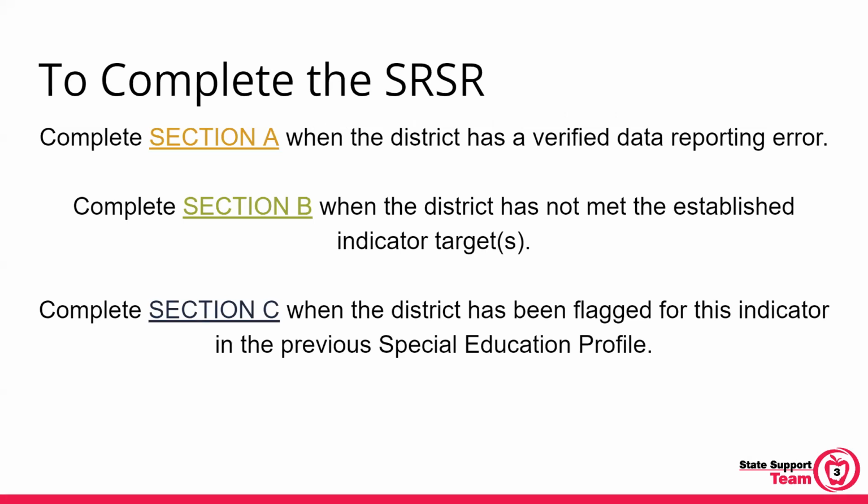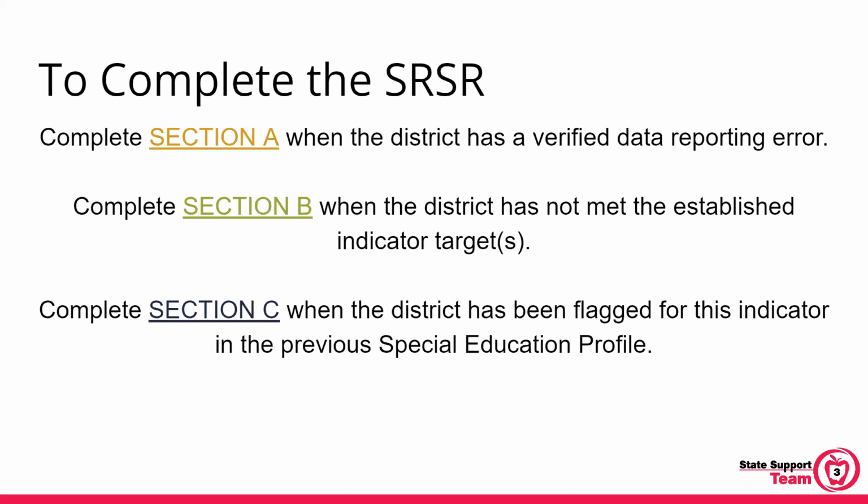The SRSR and all of the other materials, the improvement plans and the deadlines and the dates are all the same, whether you have an indicator 1 or 2. So if you happen to have a finding for both indicator 1 and 2, you do not have to submit two SRSRs and the other materials.